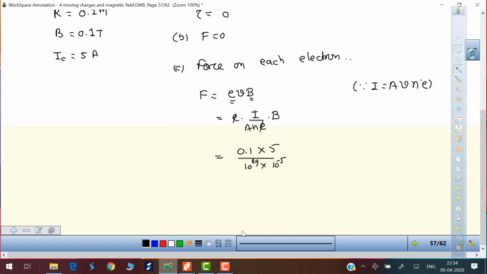So if you simplify, you will get the force on each electron, 10 raised to minus 25, it comes out that much, 5, Newton. So this is the answer of C.